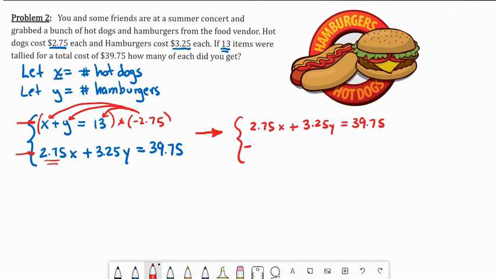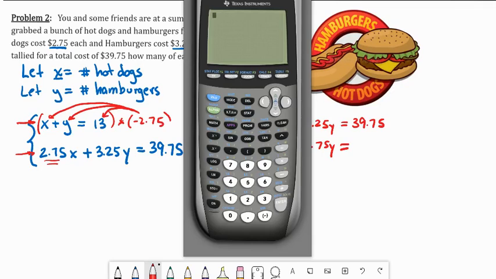So we get negative 275x minus 275y equal 13 times negative 275, and that gives us negative 3575.